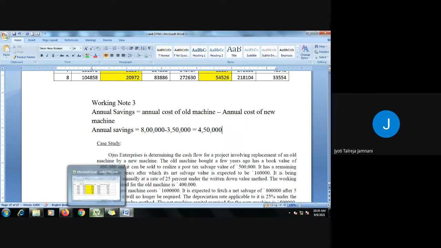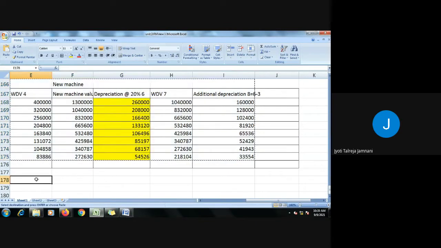So now let's go to the final determination of cash flows. To determine the cash flows, we need particulars. We have 8 years, so I need 8 more columns.